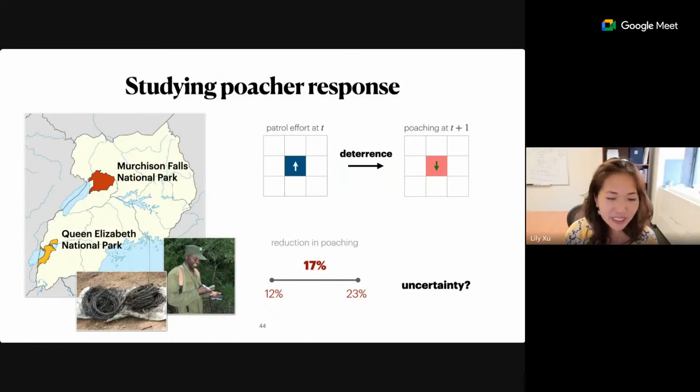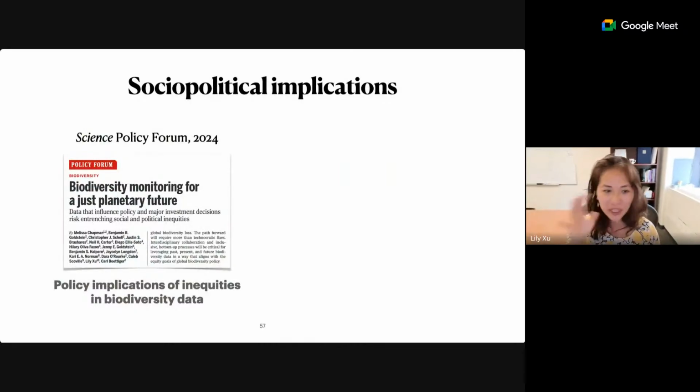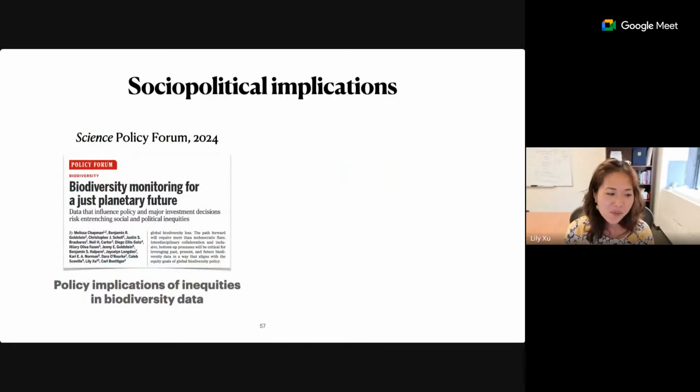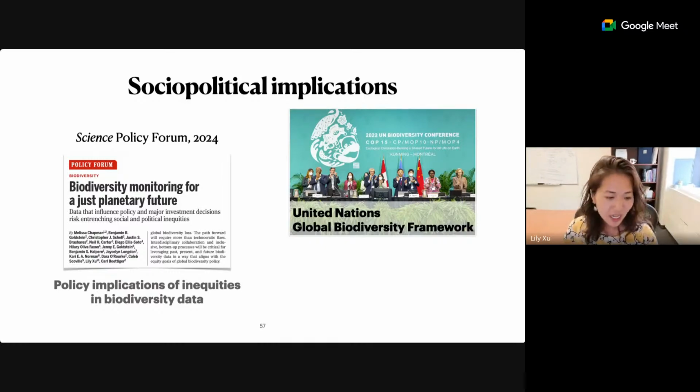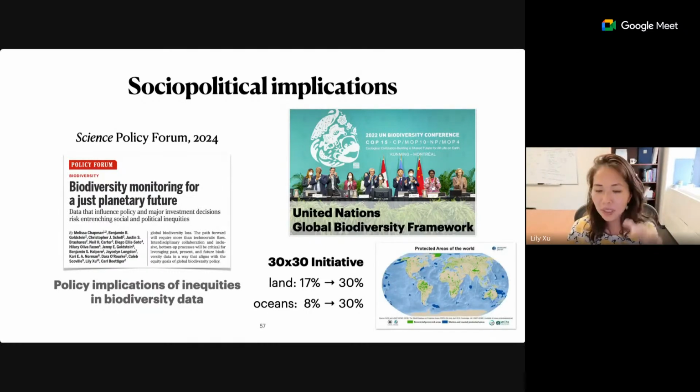Awesome. Okay, so just in the last minute, I wanted to quickly mention that everything with respect to nature conservation, to climate, with sustainability, really exists within a broader political ecosystem. So I also have some work thinking about the sociopolitical implications of AI for biodiversity, working with biodiversity data. This paper, a policy forum in Science, looks at the biases that exist within biodiversity data that is currently being used to inform the global biodiversity framework.